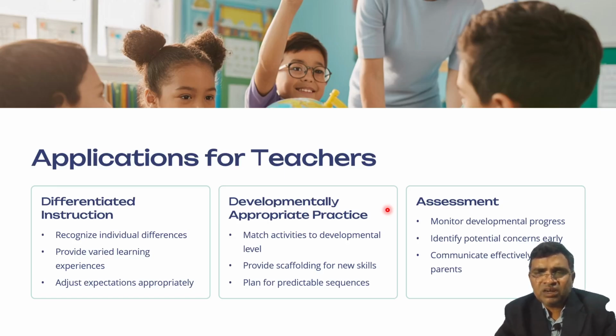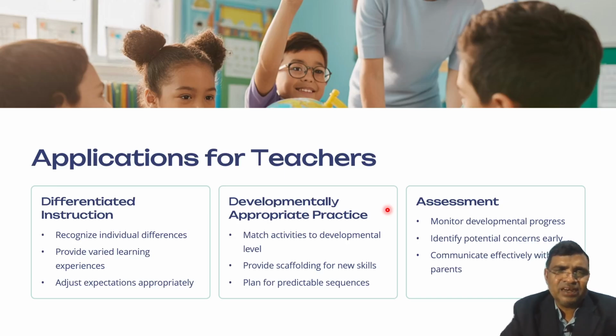Identify potential concerns early, what they are lacking. You should analyze their SWOT: strengths, weaknesses, opportunities, threats. And you should also communicate with the parents, so that if they have a deficiency, or if they are hyper or normal, you can take care as a teacher. So as a teacher, there is differentiated instruction, developmentally appropriate practice, then assessment.